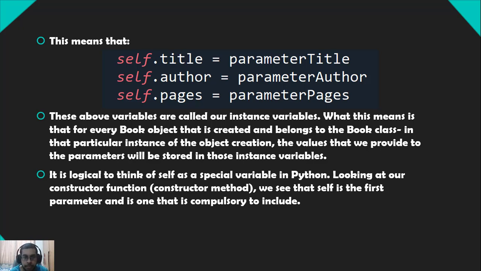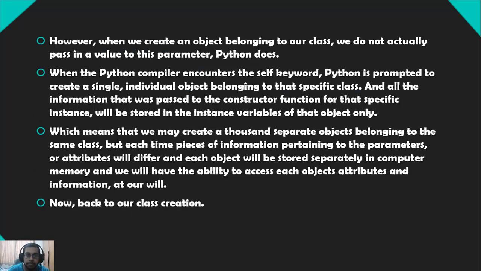Looking at our constructor method, we see that self is the first parameter and it is one that is compulsory to include. However, when we create an object belonging to our class, we do not actually pass in a value to this parameter. Python does. Python creates a single individual object belonging to that specific class, and all the information that was passed to the constructor function for that specific instance will be stored in the instance variables of that object only.